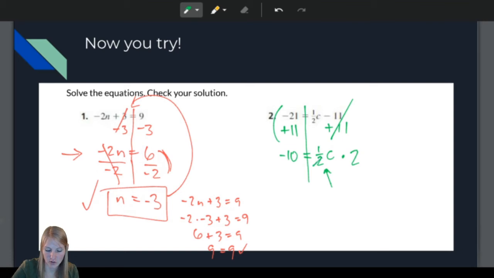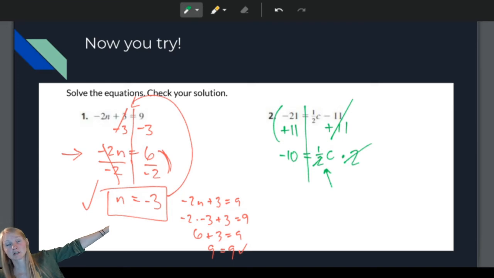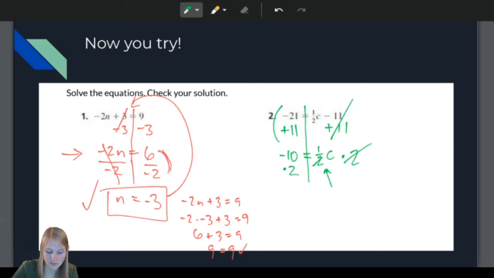And now this 2 goes away, and this 2 goes away. Oh, but I'm unbalanced! Make sure that we multiply by 2 on the other side as well. So now, negative 10 times 2 is negative 20, which equals c.